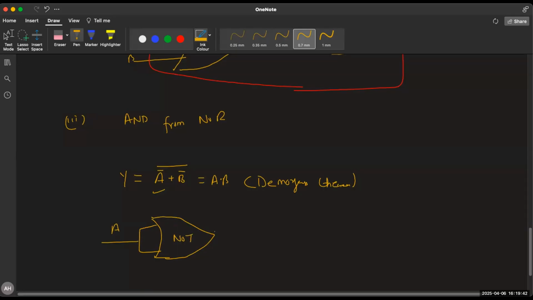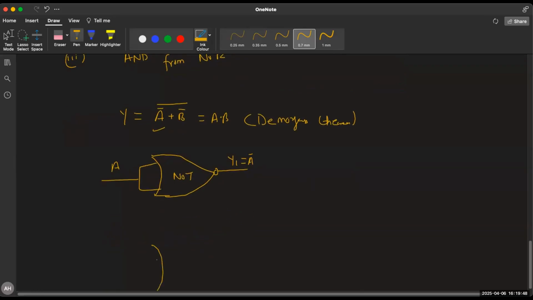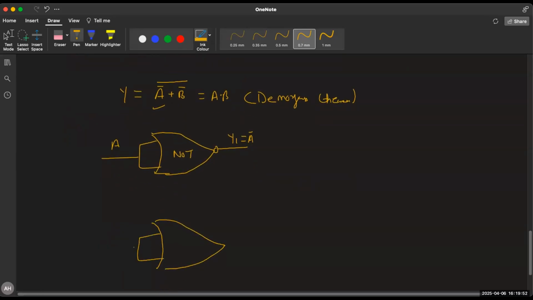So this is Y1, which is A bar. Similarly here, this is B. This is Y2, which is B bar. You connect it to a NOR gate.